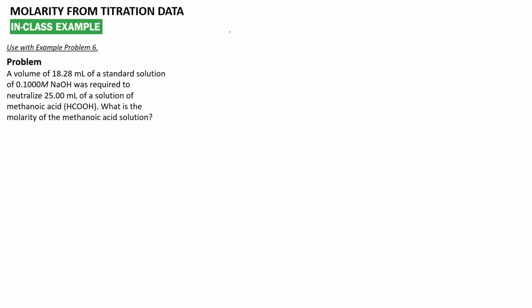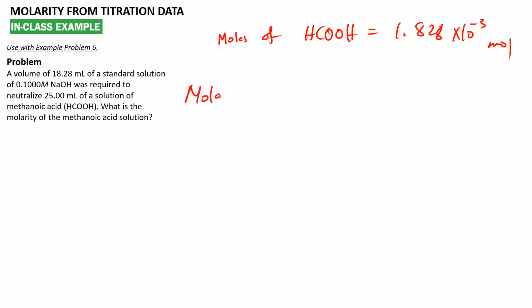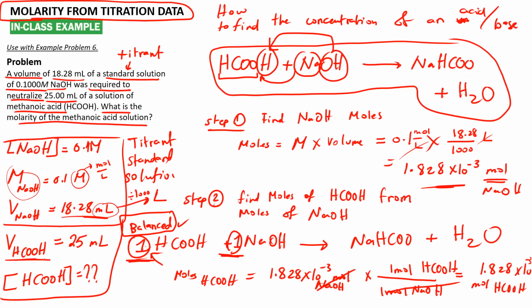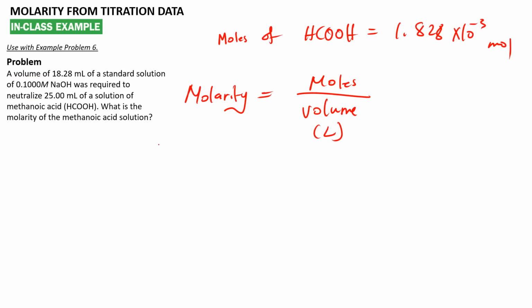So now, what do we have now? We have the moles of HCOOH, which equal 1.828 times 10 to the power minus 3 mole. We want the concentration, we want the molarity. We know that molarity equals moles over volume in liter. And we know the volume of HCOOH is 25 ml.